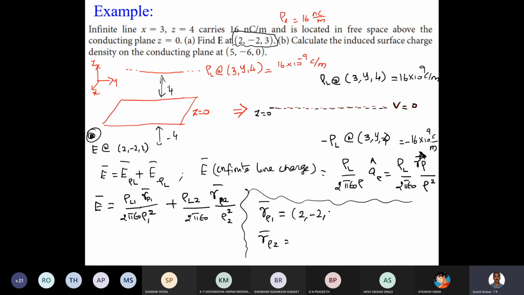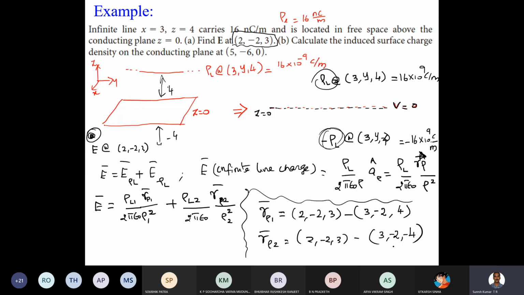Where is the source? Source is at 3 comma y comma 4. So it is 3 comma, what about y? y should be minus 2. You should take the perpendicular distance, minus 2 comma 4. Same way for the vector connecting the observation point and the other source. Observation point is at 2 comma minus 2 comma 3, and the source is 3 comma minus 2 comma minus 4. That's all.